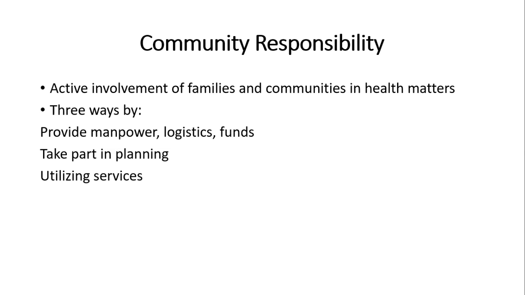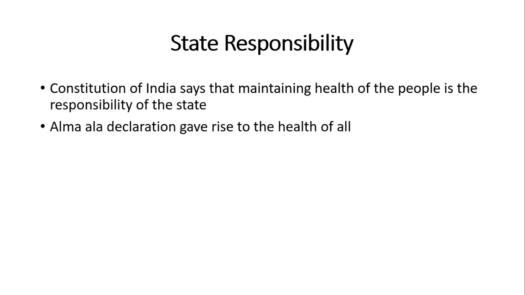The community is a part of VHSNDs throughout India, and they ensure what has to be done, what funds have to be utilized for which activity, and then they themselves plan those activities in their areas, and they ensure utilization. So community mobilization is a part of the community, and planning is also a part of the community.